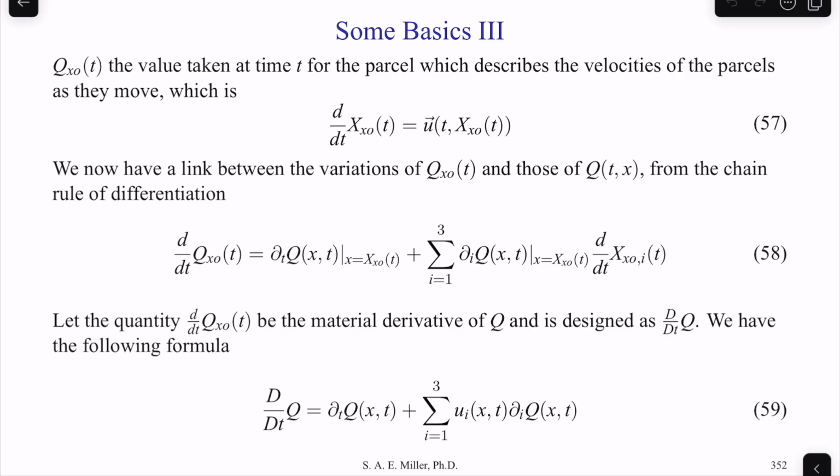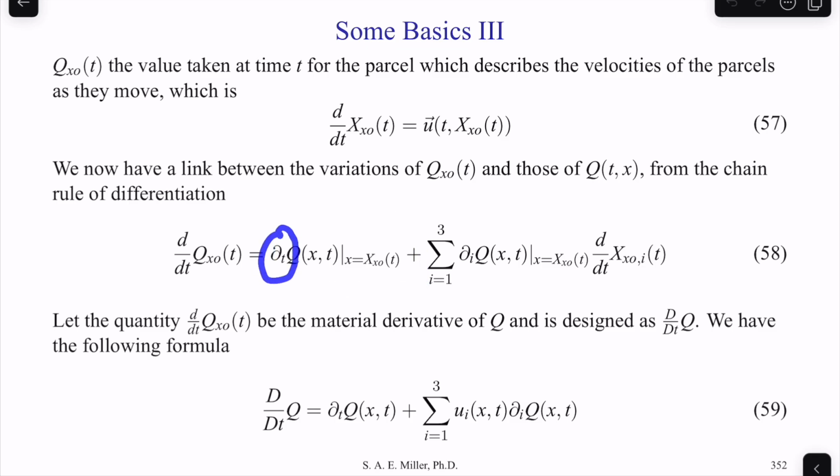Now we have a link, if you will, between the variations of Q of x naught and t and those of Q at time t and position x, from the chain rule of differentiation. We'll take Q of x naught and t and take the time derivative, and we can write it, with the chain rule of differentiation, as the partial derivative of Q at position x at time t.